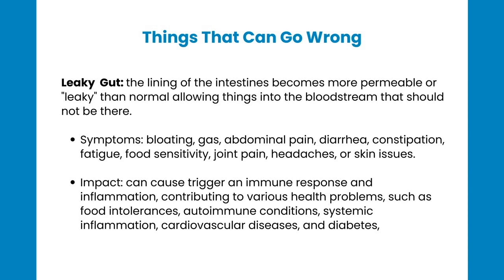So, this is what is going to be kind of that initial problem that becomes a bigger problem where you have food intolerances. You maybe get diagnosed with an autoimmune disease. You start getting so much inflammation that maybe you start having cardiovascular disease or diabetes. So, this is kind of that beginning stage where things are moving through the intestinal wall that should not be.